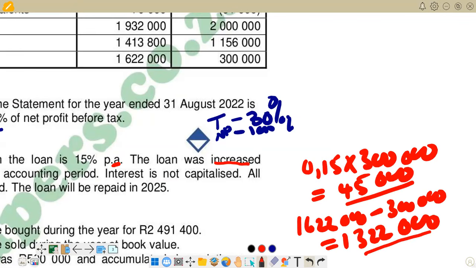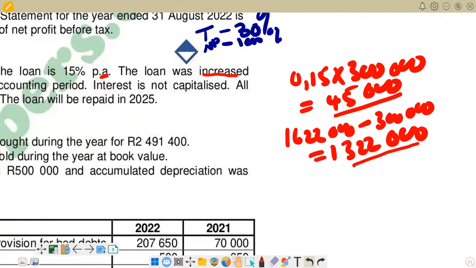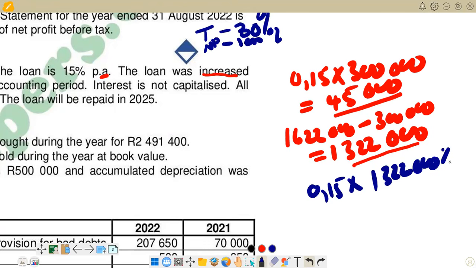So since we now know the amount, we can now calculate the interest. We are saying 0.15, then we multiply by this balance of the loan that was introduced halfway. And the answer is going to be per annum, so we reduce it to 6 months. Since it said 6 months, we multiply by 6/12. When we calculate like that, we are going to get 99,150.